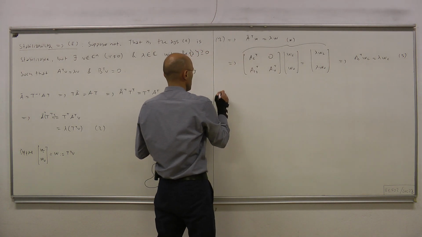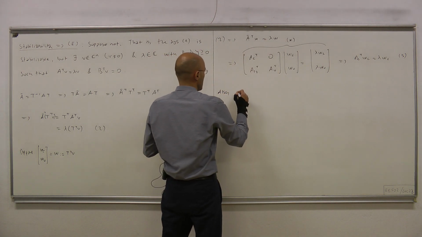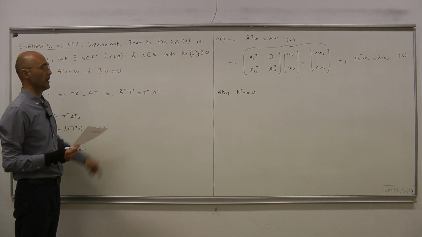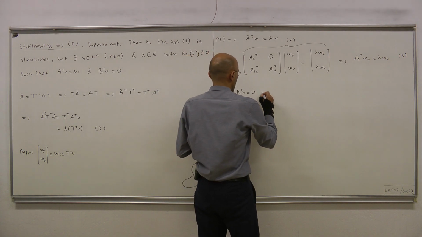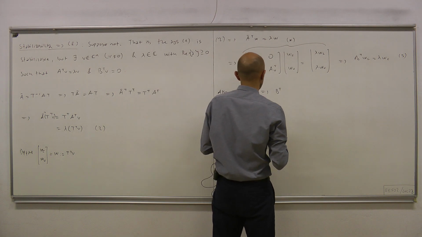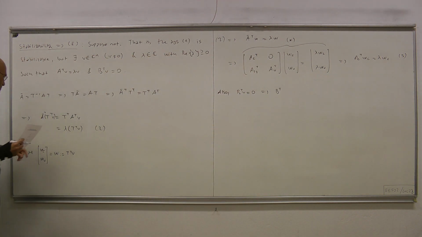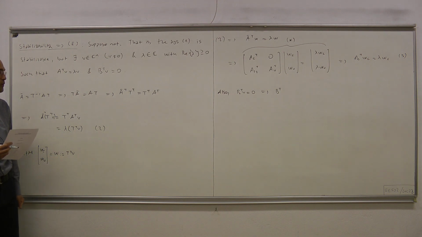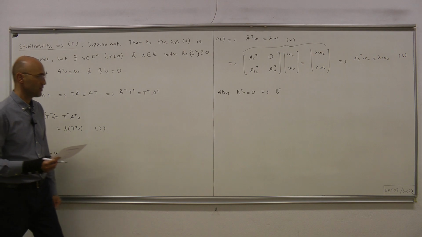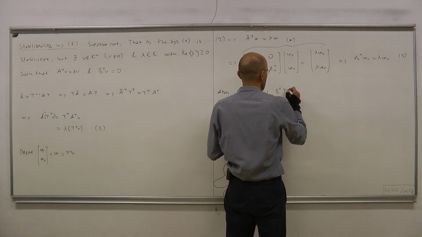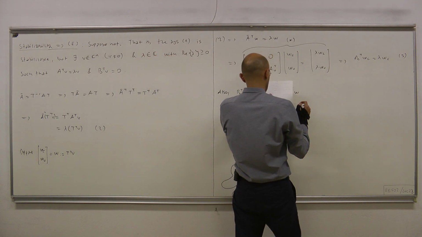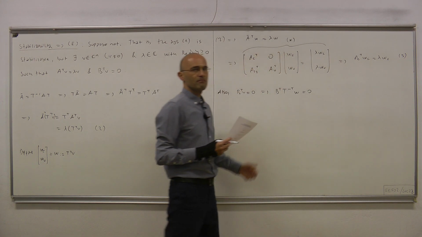What else? We have also the following: B transpose V equals 0, by assumption. So that implies B transpose times, let's write V in terms of W, V is T transpose inverse times W. So we have B transpose times T inverse transpose times W equals 0.